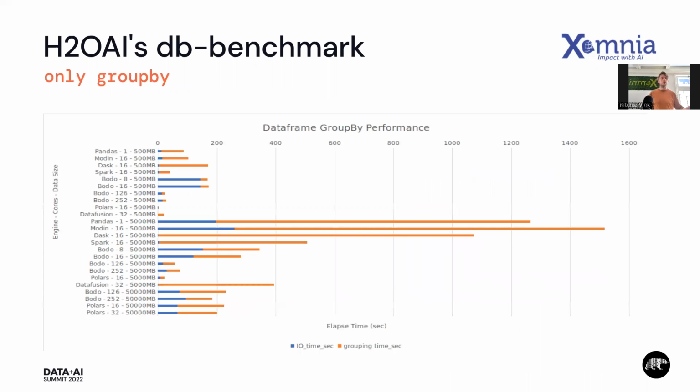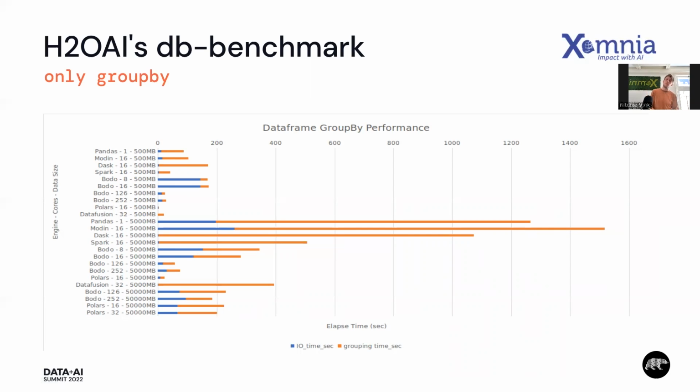And besides the sheer execution speed, Polars is also very memory efficient. So here we see a zoom in on the group by operations. And we see here the dataset size ranging from 500 megabytes to 50 gigabytes. And on the 50 gigabytes data, only Bodo.ai and Polars were able to finish it without going out of memory.